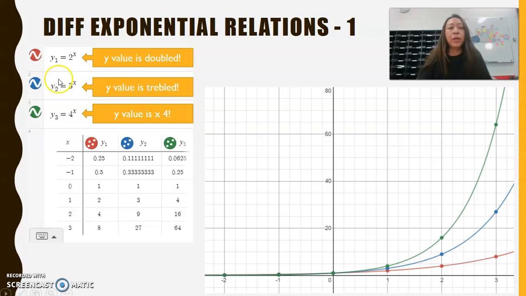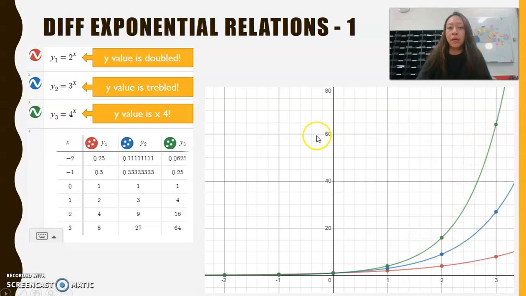For y equals 3 power x, that's the blue line over here. The y value will actually triple, and therefore it's getting higher and higher compared to the first one. And y equals 4 power x will be this one over here, where it increases even more.